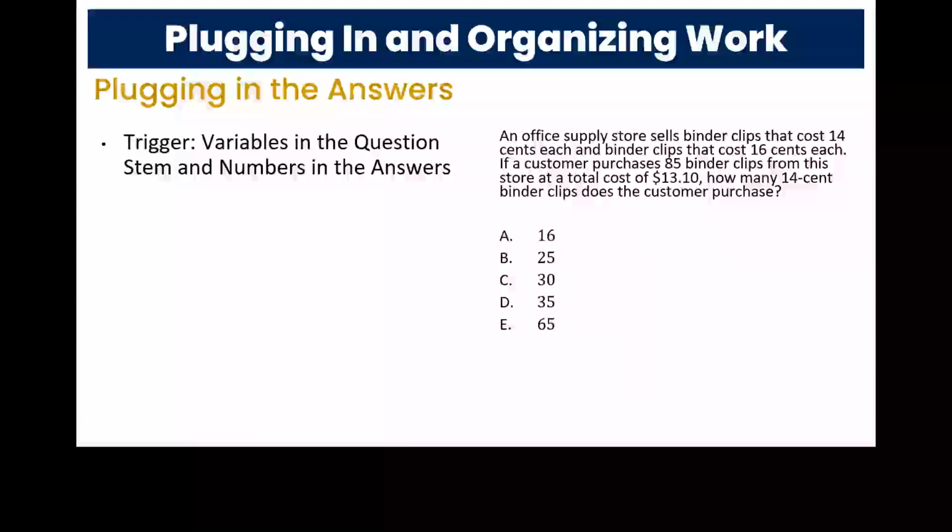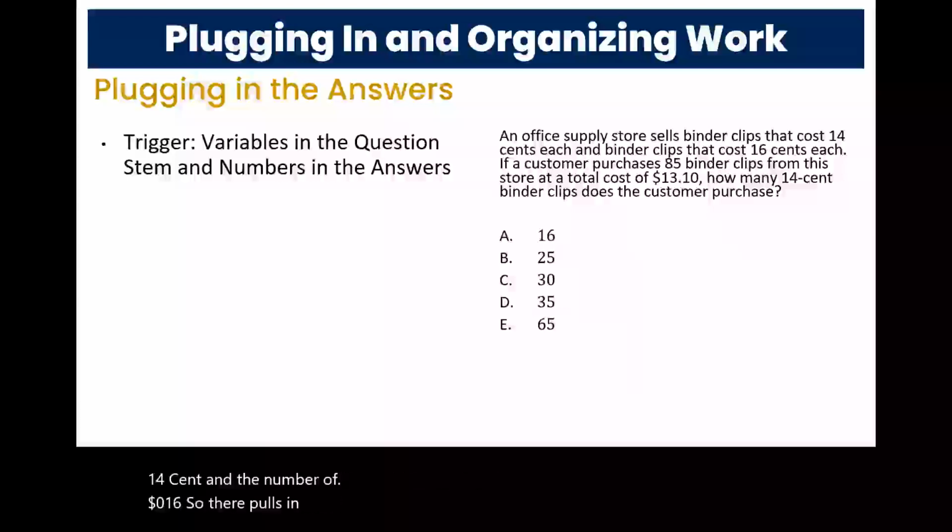Yeah, the number of clips, but be more specific. It's not just the number of clips, but the number of 14-cent clips and the number of 16-cent clips. So they're both in there.